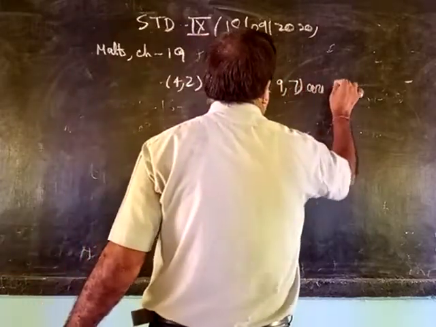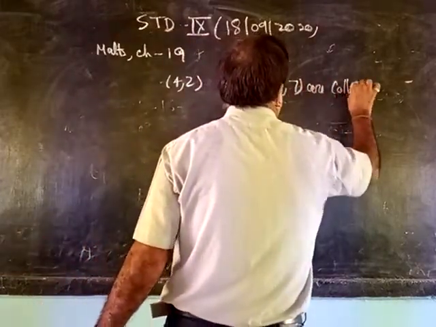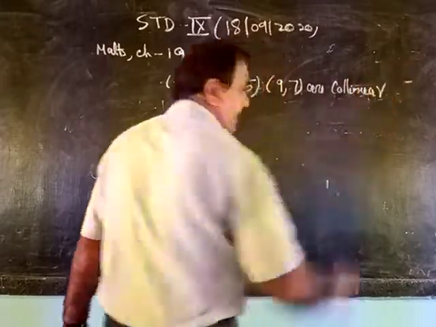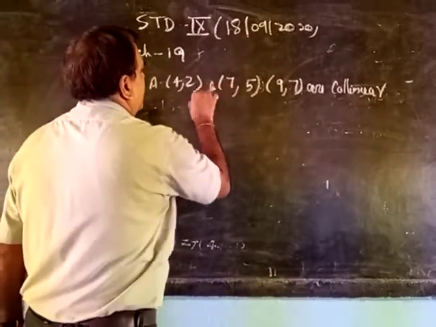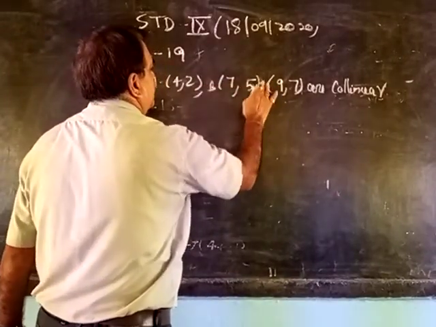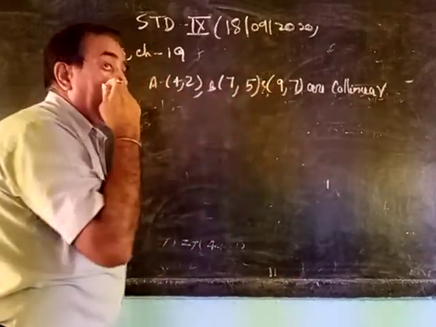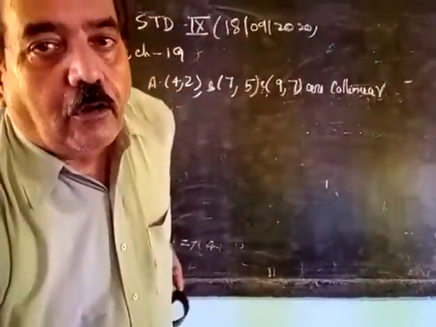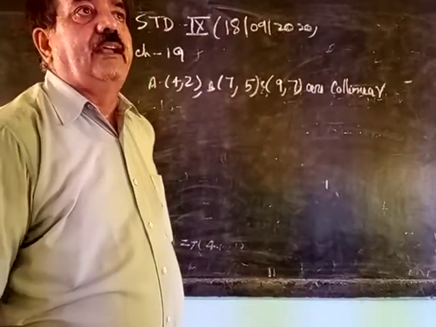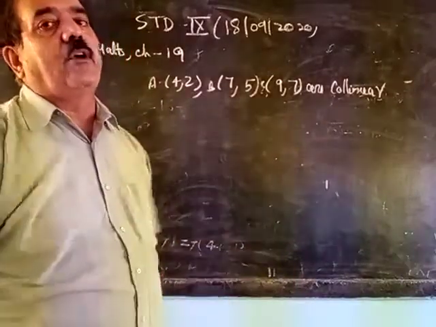Suppose this is A, this is B, and this is C. How do we show it is collinear? If three points lie in the same straight line, then it is said to be collinear.